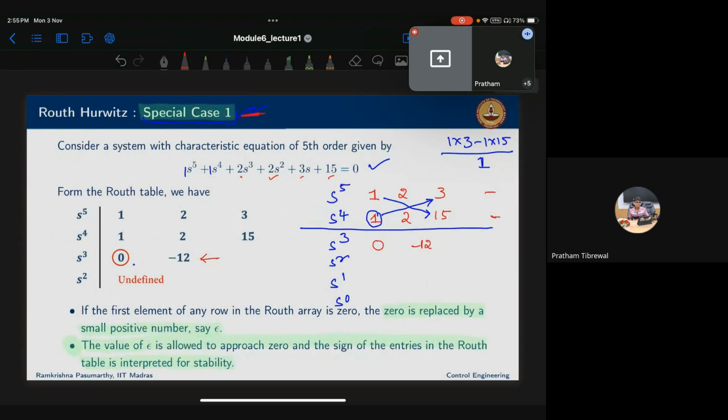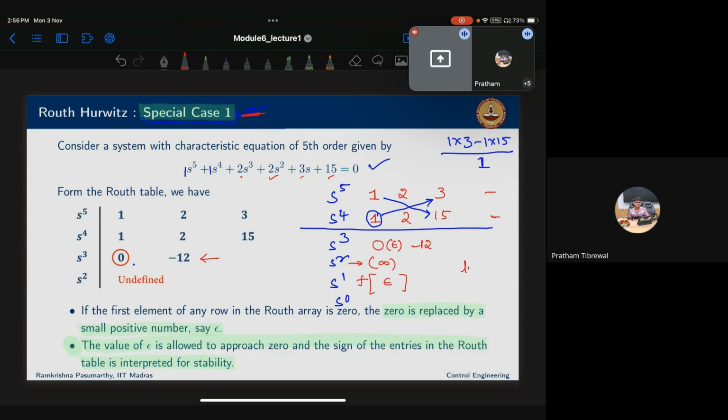This is the special case. So in place of 0, we take epsilon and continue the calculations with epsilon. Later, we take the limit. Let's say we are getting some term here as a function of epsilon, correct?